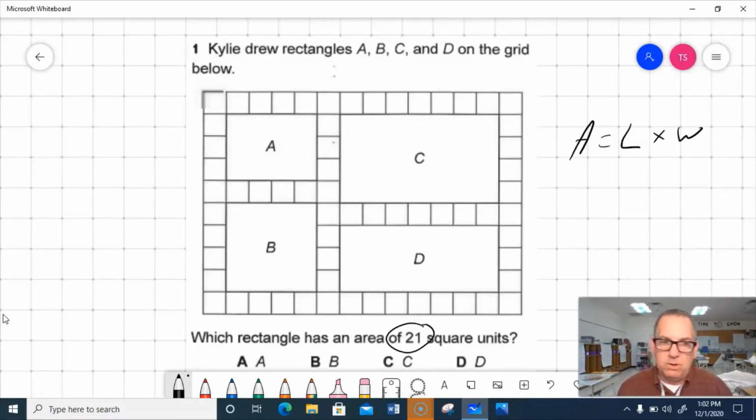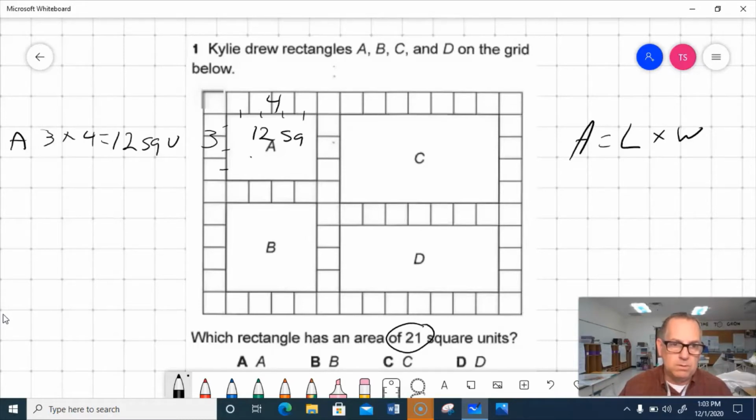On rectangle A, I see a length of 3 units and a width of 4. 3 times 4 is how I'm going to solve that. If I double 3, that's 6, and if I double 6, it's 12. So 3 times 4 equals 12, and that's 12 square units for rectangle A. I'll write it in here, 12 square units.